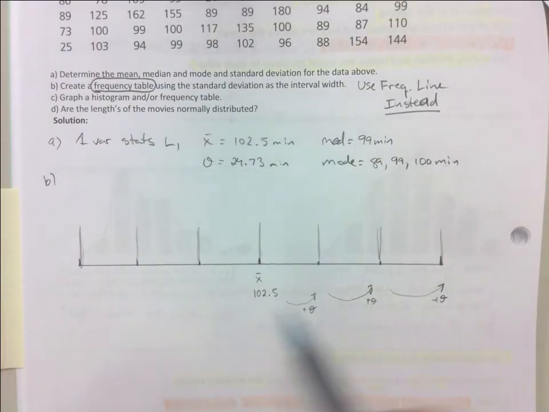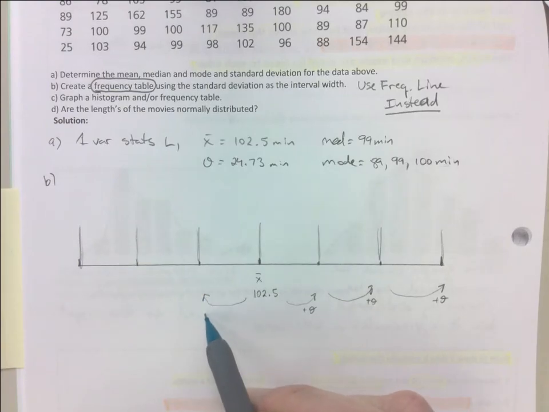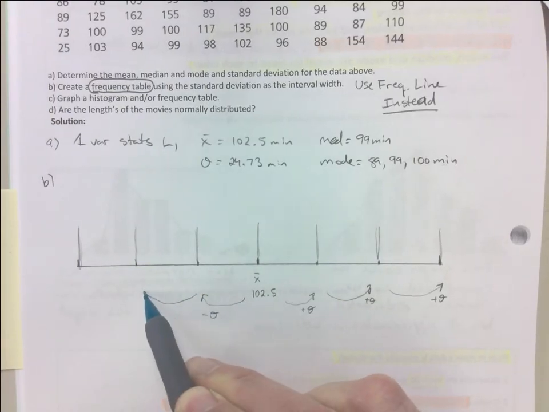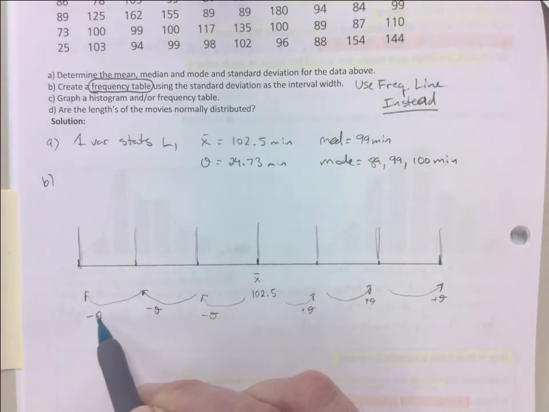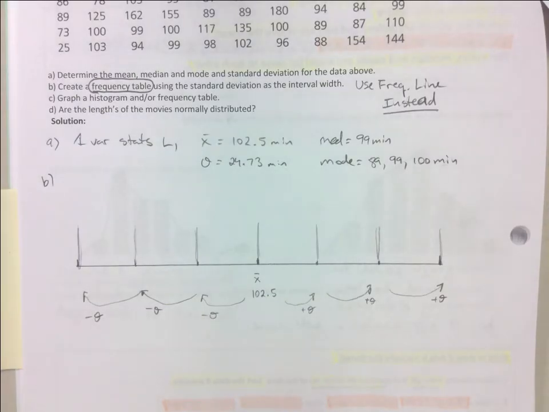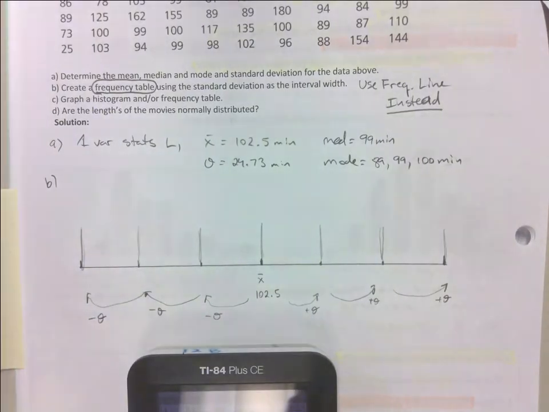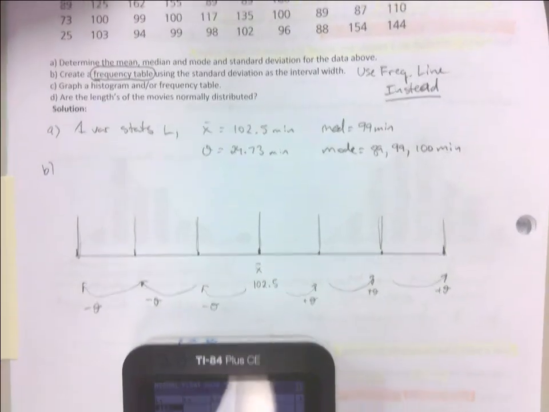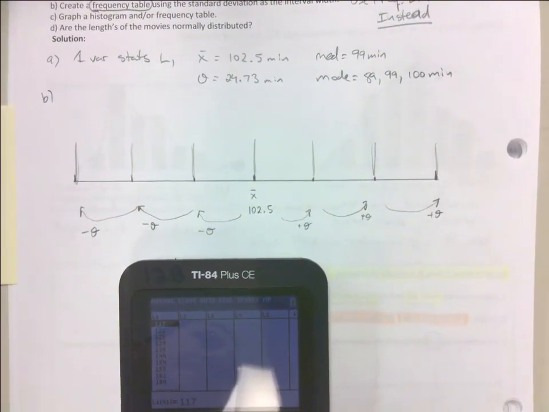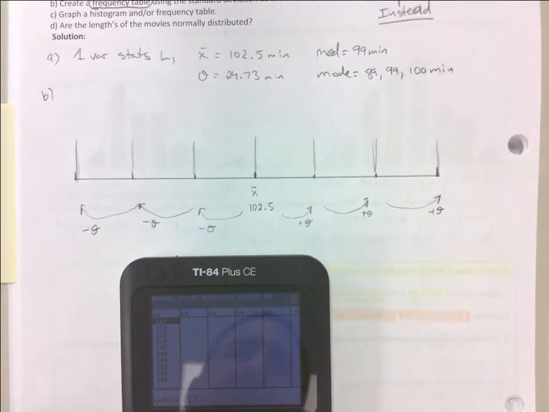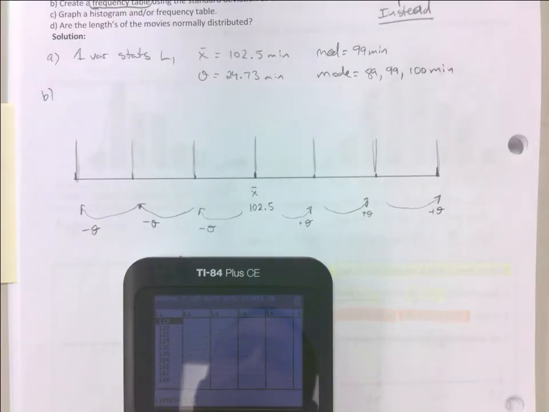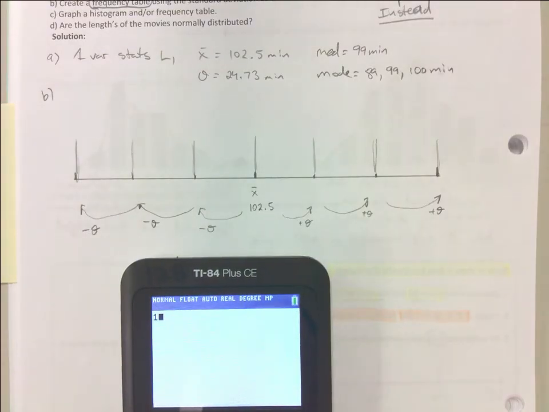Just like before. This is almost like drawing your normal curve, right? So I would strongly recommend you use your calculator for this part. And what's my standard deviation? 24.73, correct? So you go 102.5 plus 24.73.